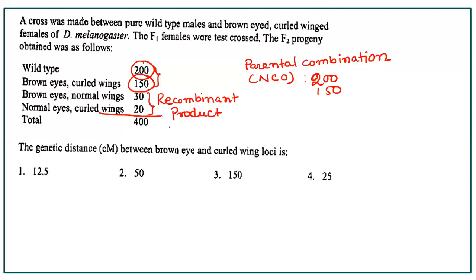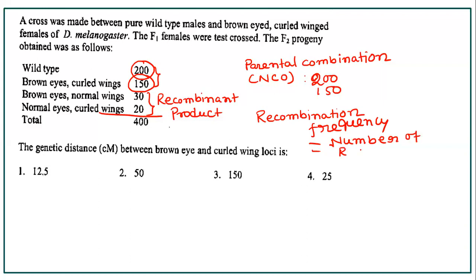Now these are the total numbers. In case of recombination frequency or map distance, recombination frequency equals the number of recombinants by total number of progeny into 100%.